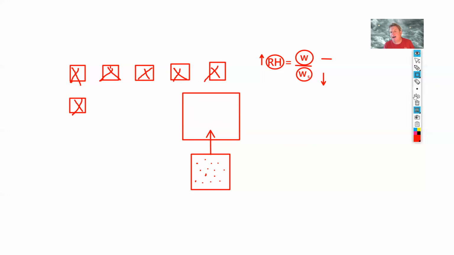Okay? If I were to lift this box any further, any additional lifting, that's going to make this box larger still and cooler. Oh, that's not a box, that's a bubble. Let's draw a box. Okay, so the box keeps expanding. What is the temperature doing? Well, it keeps getting cooler. If it gets cooler, what happens to capacity?